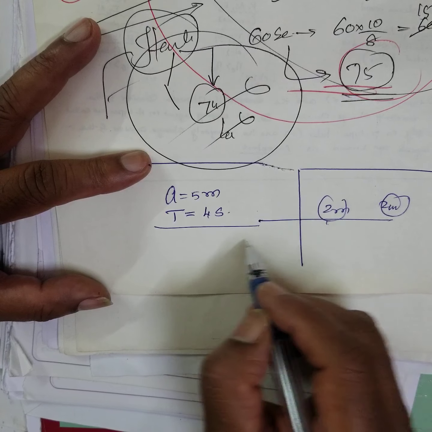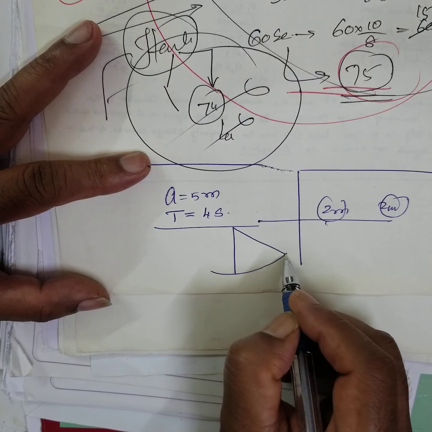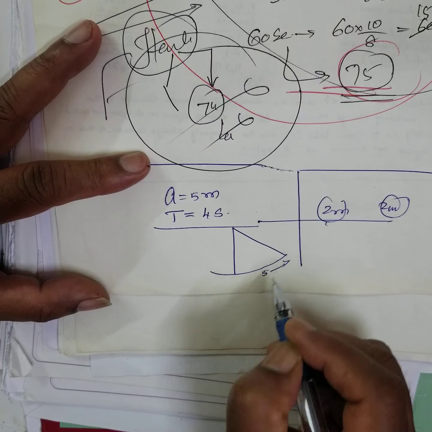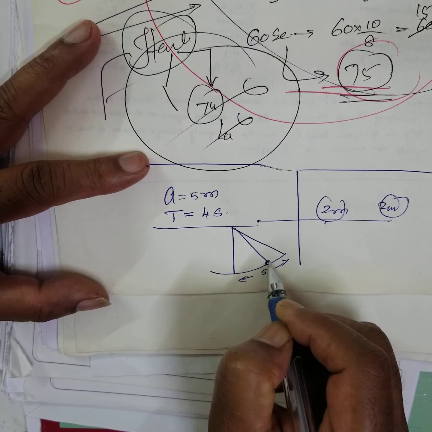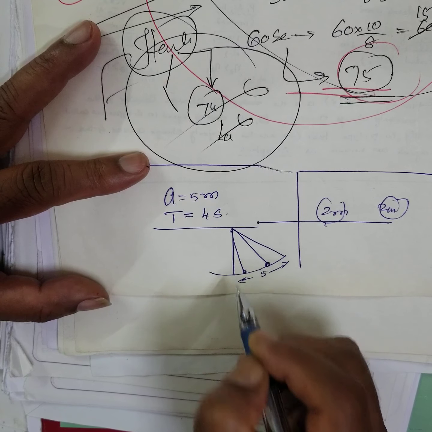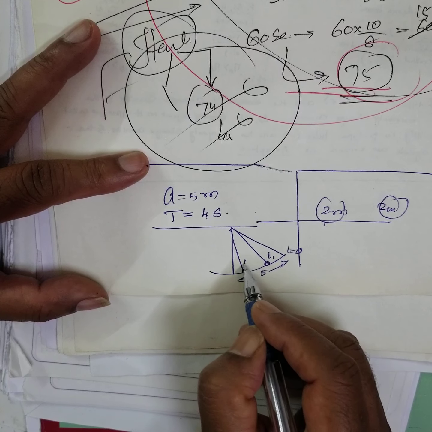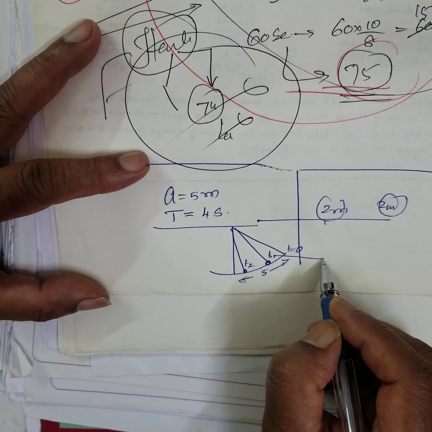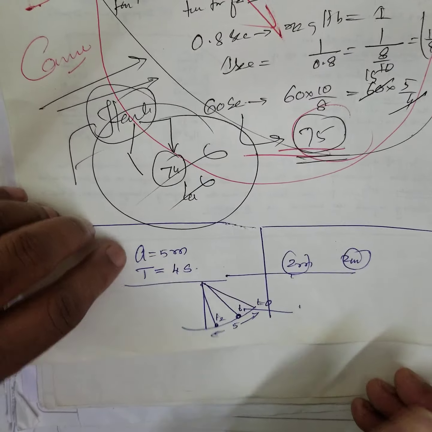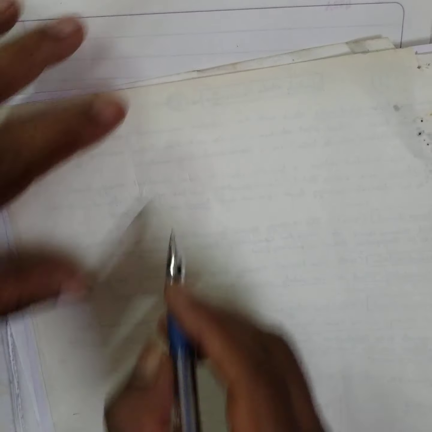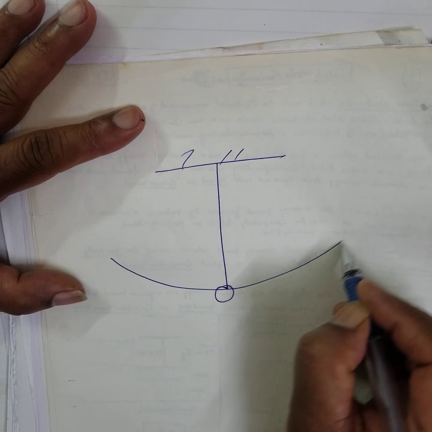Suppose an oscillator system, amplitude is 5 meter. Now the particle has come here. Again the particle comes here. That means it has taken time t1, t is equal to 0, t is equal to t2. The period is 4 seconds. I'll write it on a bigger page. This is an oscillator system.